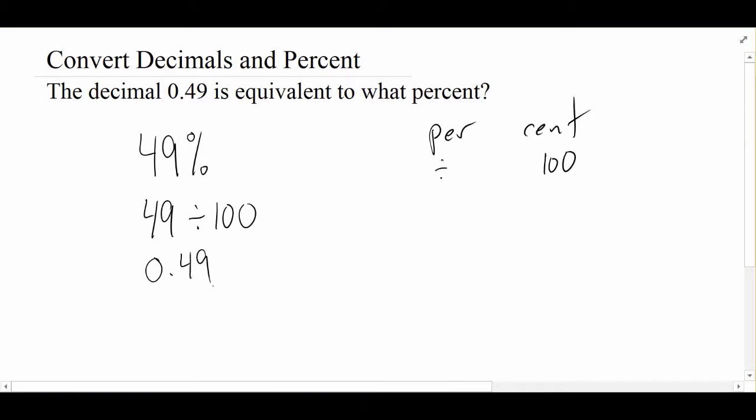So what we've actually done in this problem, when we want to convert from 0.49 back, is we're actually multiplying by 100, because that's how you undo division, is by multiplying. And another way of saying that is to move the decimal place to the right 2 spots.